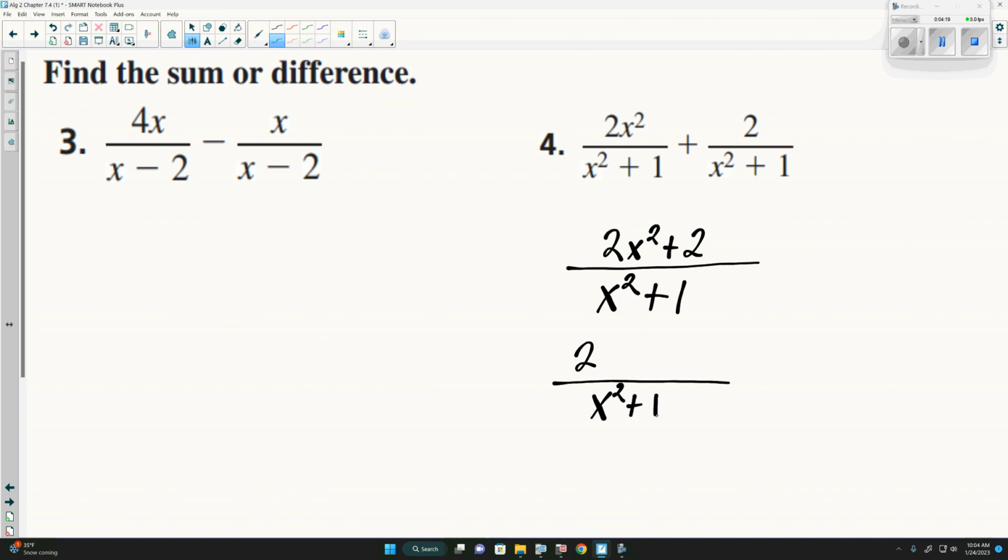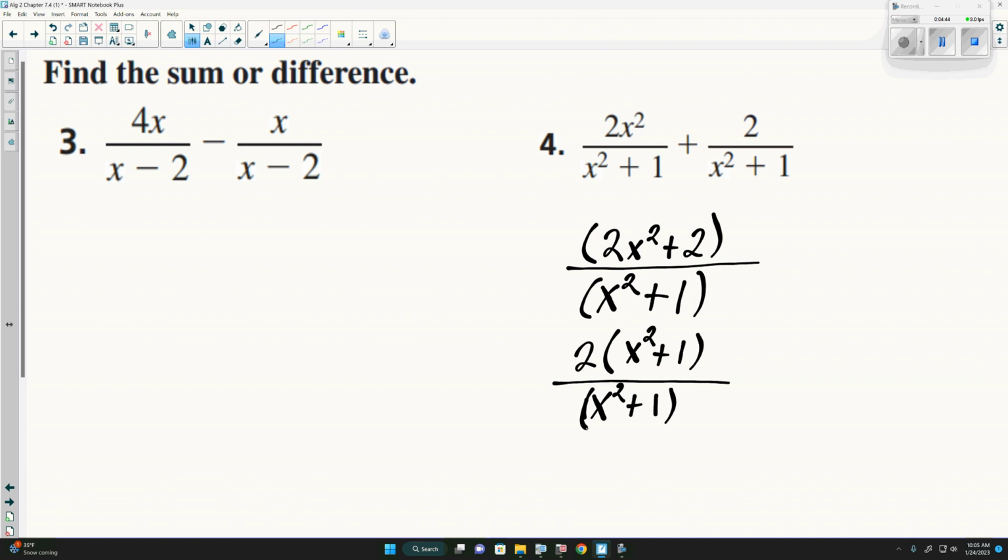Because top and bottom do have an x squared, but we really have to consider those to be one whole term. The addition really sticks them together, so we can't just cross out the x squareds. But the numerator does have a greatest common factor of 2. And if we factor it out of 2x squared plus 2, we're left with x squared plus 1.